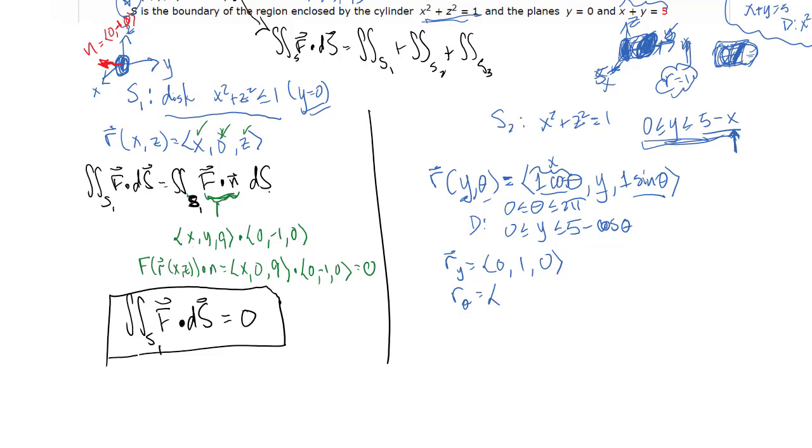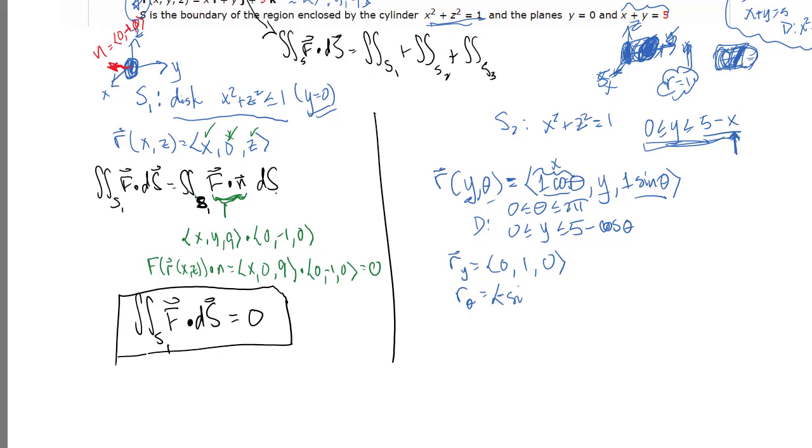And then with respect to theta, I have a negative sine theta for the first, and y is constant, and cosine theta for the last. So r_y cross r_theta will determine our orientation. And if we do the cross product, the first term is going to be cosine theta.